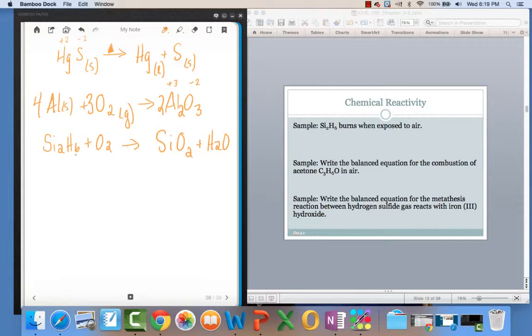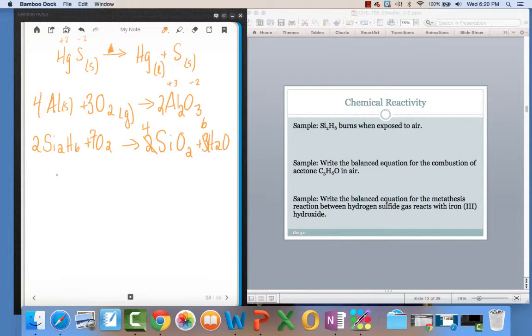But we still have to balance it. So I have 2 Si's, I have 6 H's, so that's a problem. So right away I get into an even amount. I have 4 and 3 is 7, so I'm going to put a 2 here. I'm going to switch this to 4, and I'm going to switch this to 6. So 4 times 2 is 8, and 6 is 14, so this is 7 again.